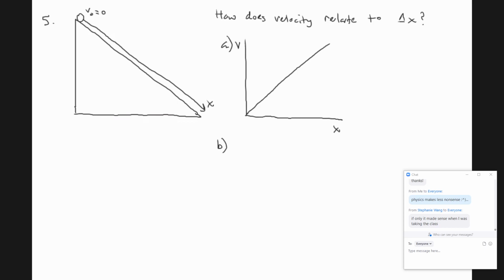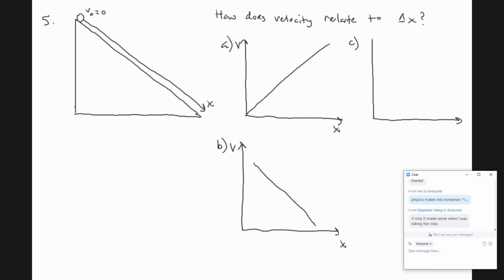B, velocity as a function of displacement is negative linear. C, velocity as a function of displacement is limiting. D, velocity as a function of displacement is parabolic.